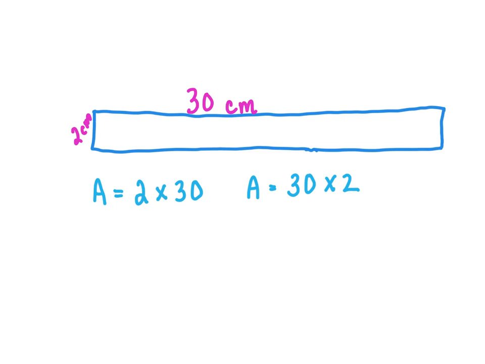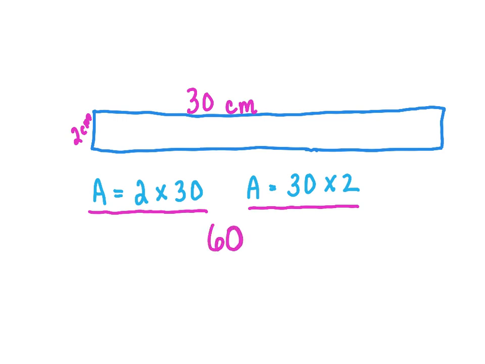Here's our next one. The next one has a very long type of rectangle. It has a factor on one side, 2 centimeters, and on the top, it's 30 centimeters. Now, I wrote 2 equations out. A is equal to 2 times 30, and A is equal to 30 times 2. 2 times 30 and 30 times 2 are both equal to the product of 60.